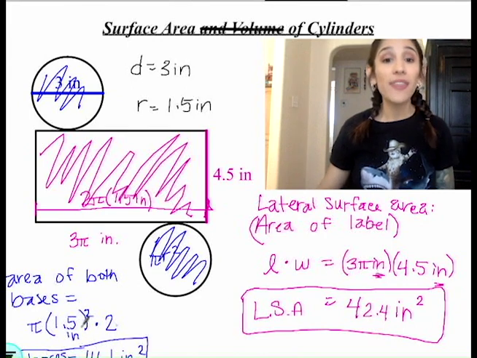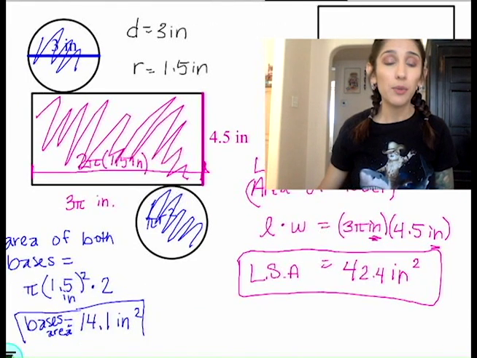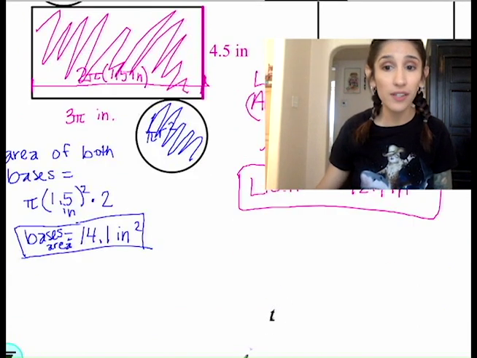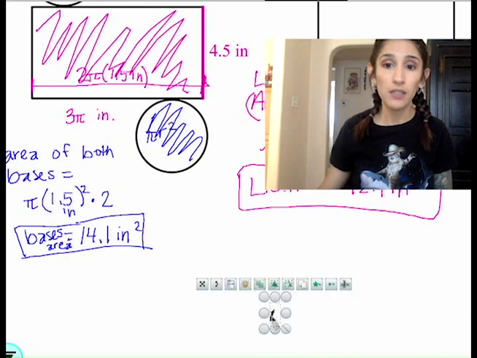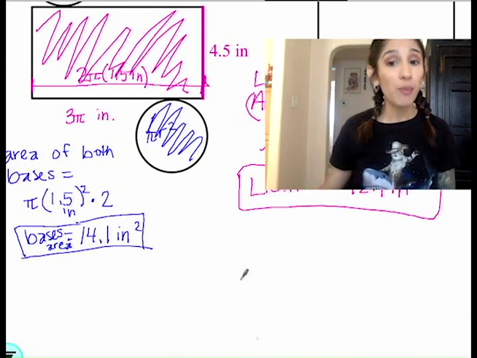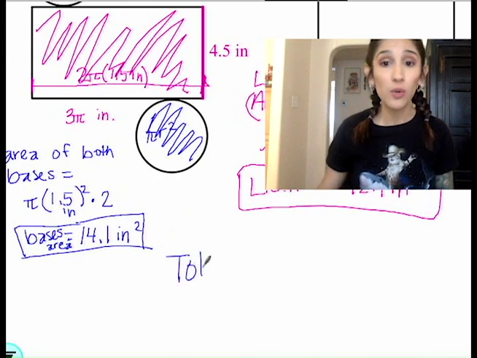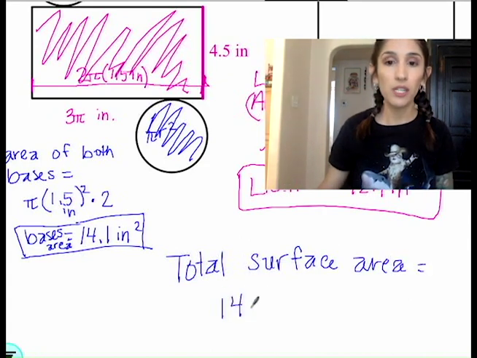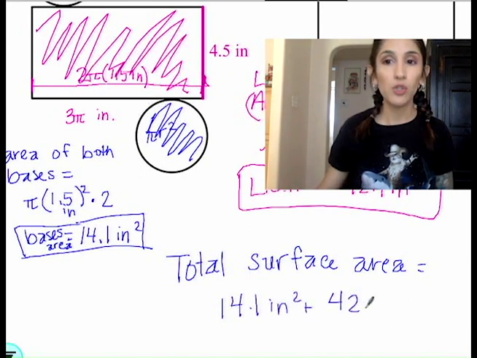So if I think about, let me move this down a little bit, if I think about the total surface area, I would just add both of those together. So we'll say total surface area is equal to the 14.1 inches squared plus the 42.4 inches squared.